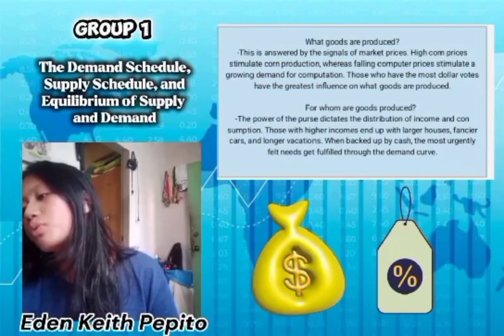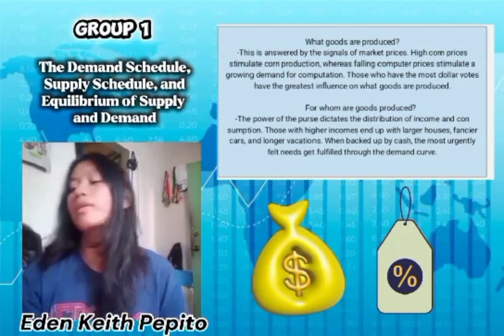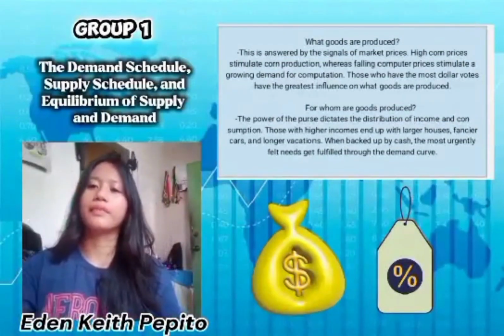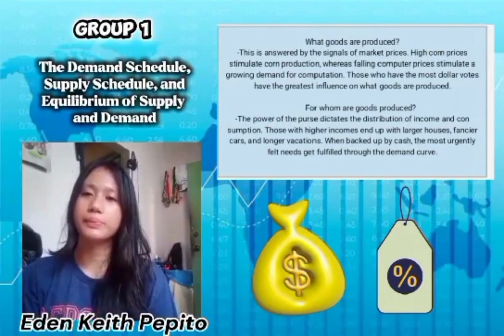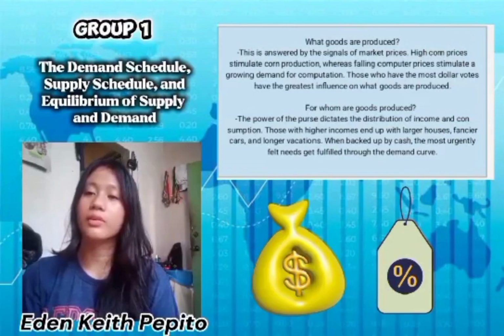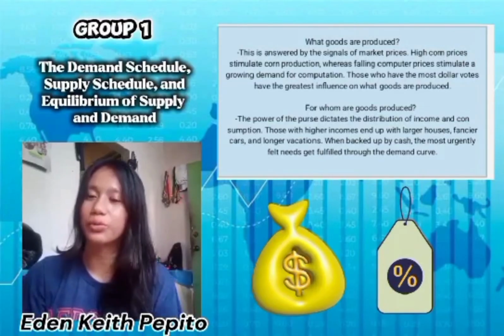Those who have the most dollar votes have the greatest influence on what goods are produced. Meaning aning dollar votes kay these are the people ng mga dagkog income, mga dato.